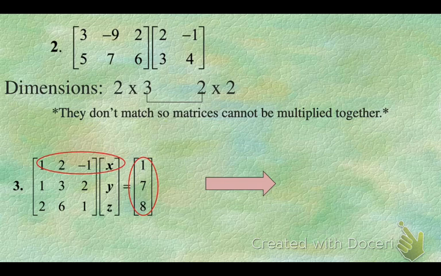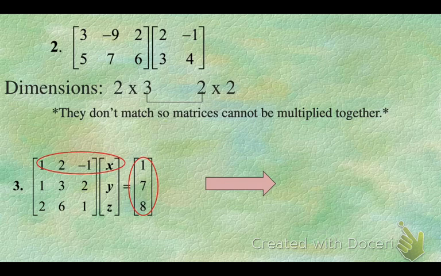If you think about multiplying that first row by the first column, we would have 1x, 2y, and negative z. Because of like terms, I can't add those together. I would leave that as a single expression, but then I would say that it's equal to 1, which is the first row of our solution matrix.